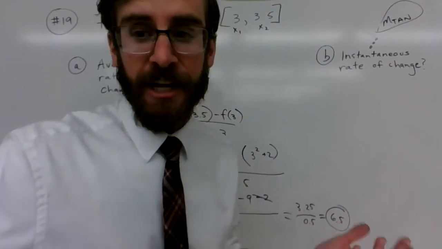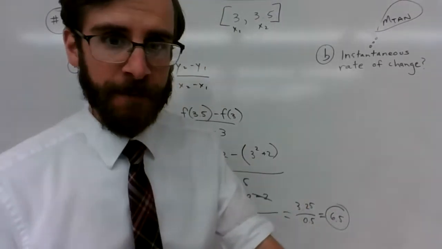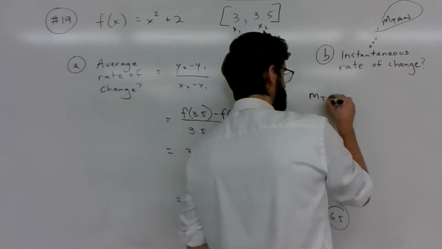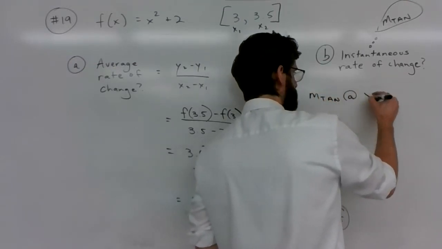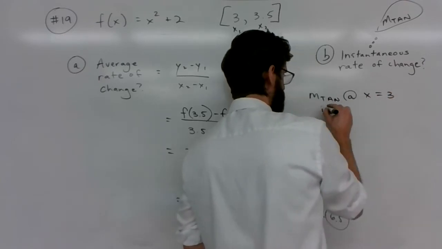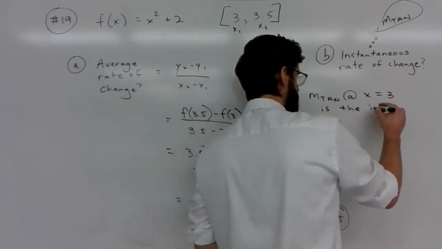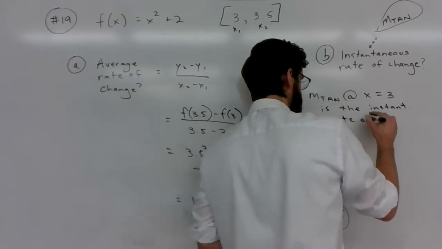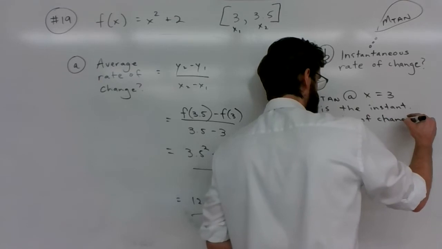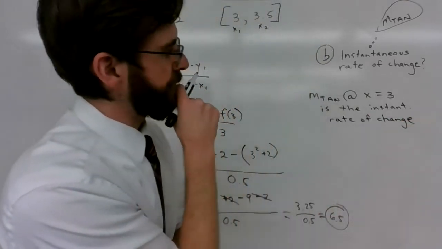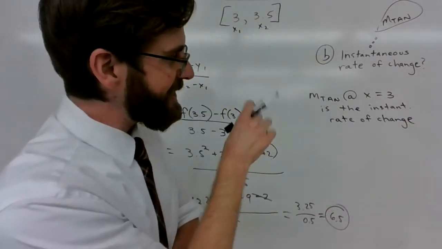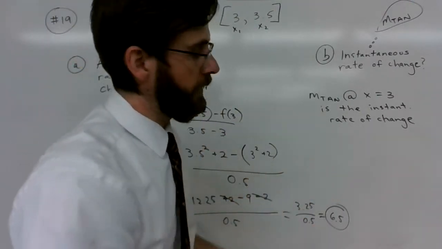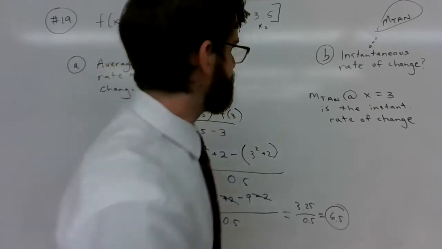That's all you're doing. And you're doing it at the left endpoint, x equals 3. So the slope of the tangent line at x equals 3 is the instantaneous rate of change for this particular situation. So we got to do the limit again.